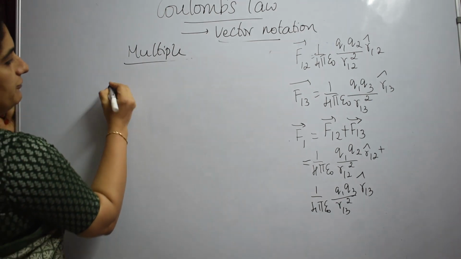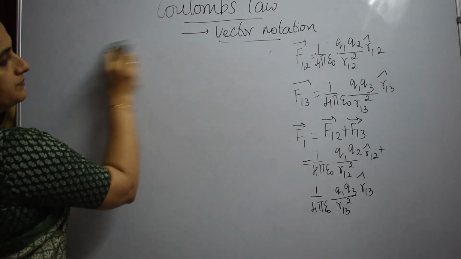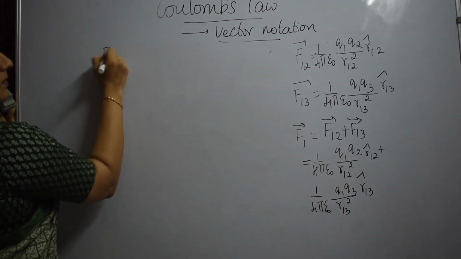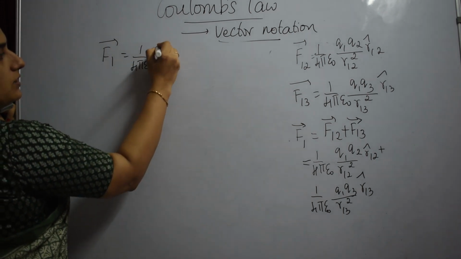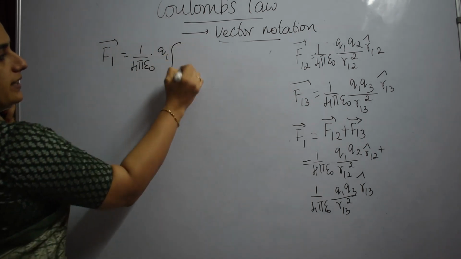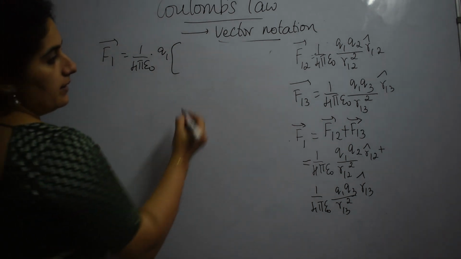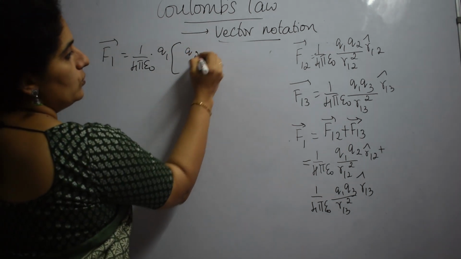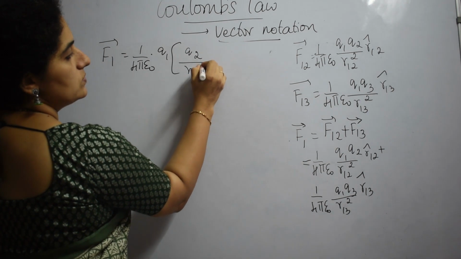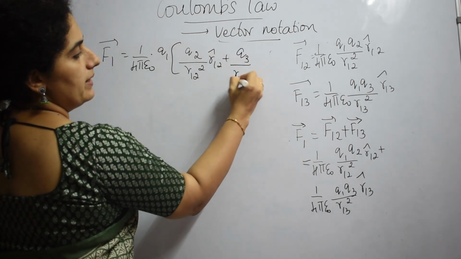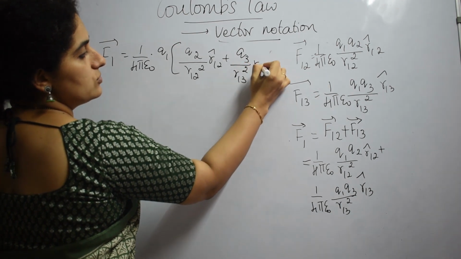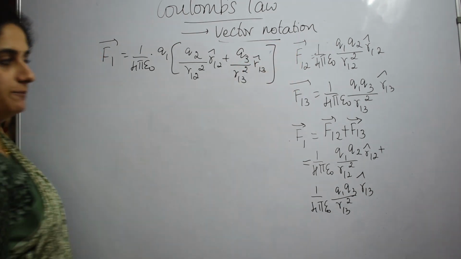So now F1 will be equal to 1 by 4 pi epsilon naught into Q1 into Q2 divided by R12 square into R12 cap plus Q3 divided by R13 square into R13 cap.